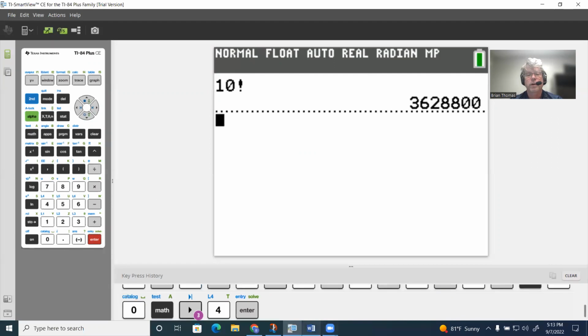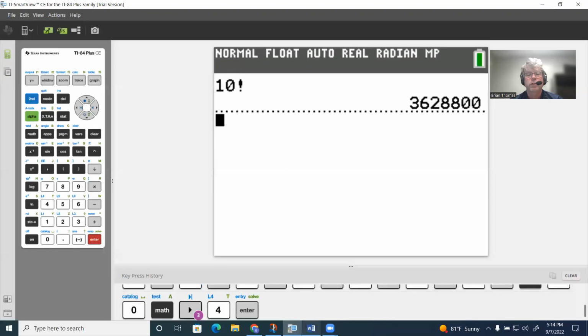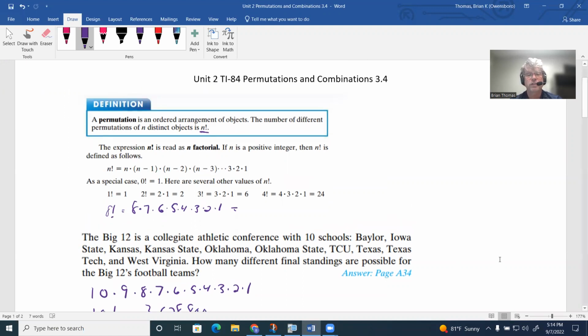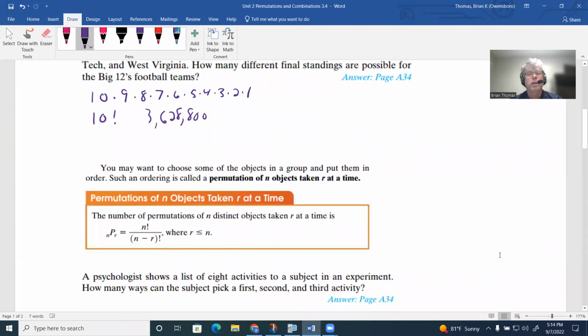That would be our number there. So there'd be that many different ways for final standings. So actually, it's a lot more than you think. So that's what's called a permutation.